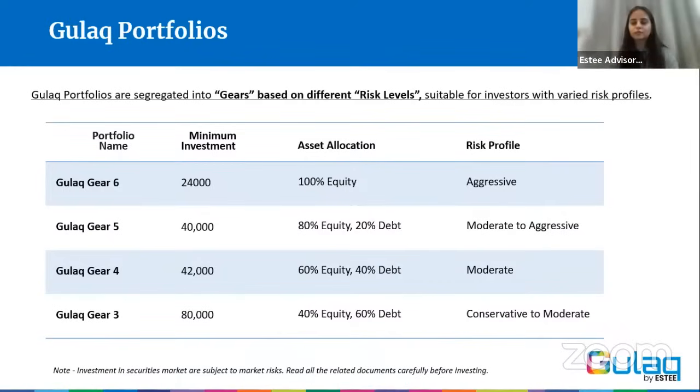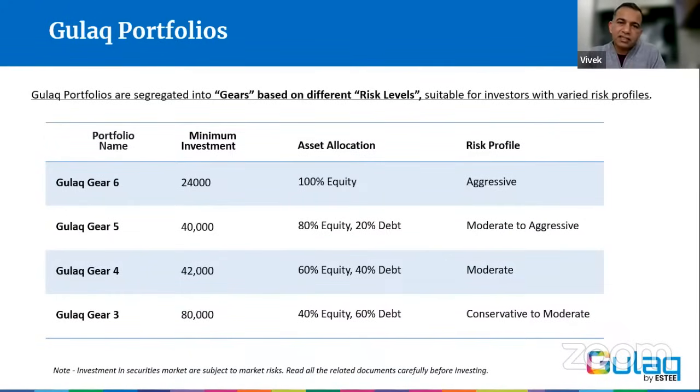So we have got requests to release Gear 7 also, which is even more aggressive and takes higher risk in order to generate higher returns, right? On the other extreme, we have investors who don't have that kind of risk appetite and are happy investing in FDs, which is kind of zero risk. And you have all the investors in between, and that's how we have created these portfolios.